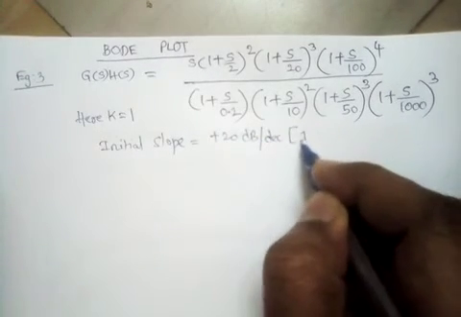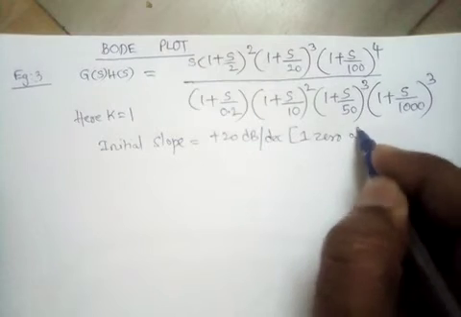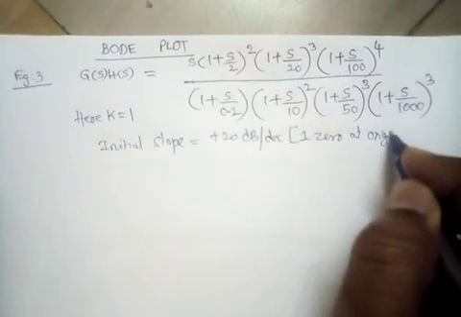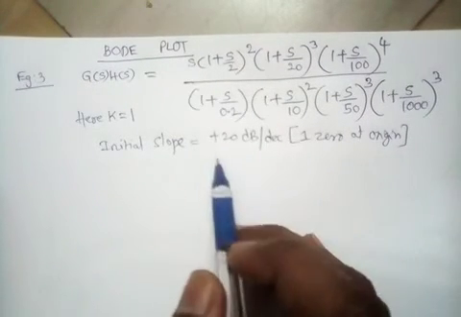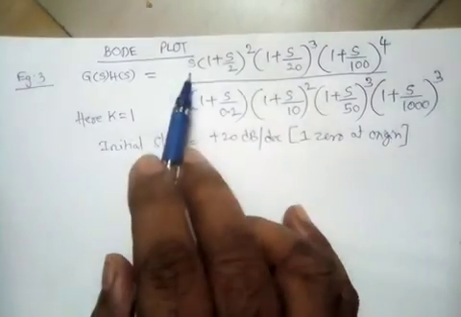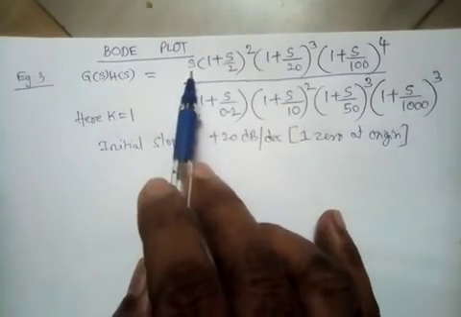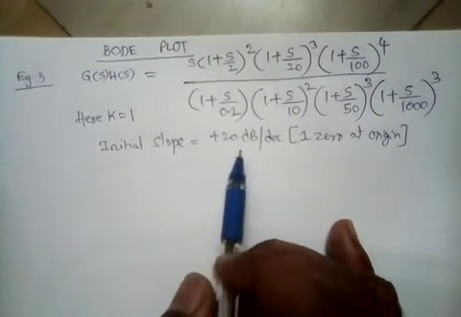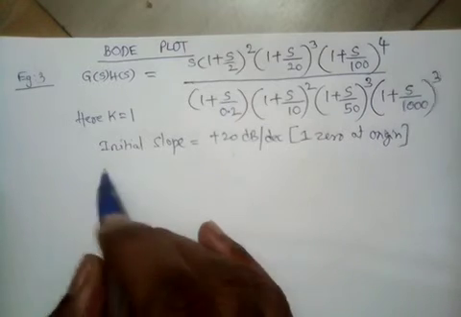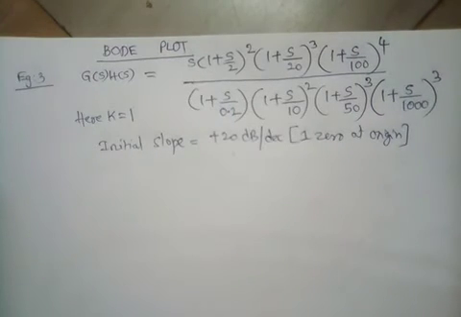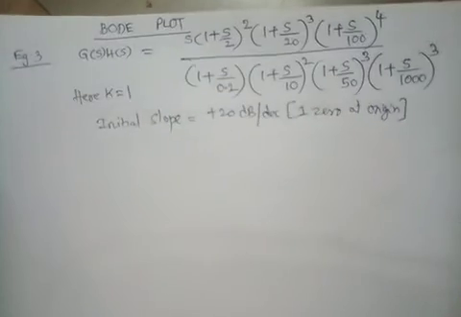This is due to the zero at origin. If one pole is existing at origin, slope will be minus 20 dB, because zero is existing at origin, so initial slope will be plus 20 dB per decade. So we construct the Bode plot now.